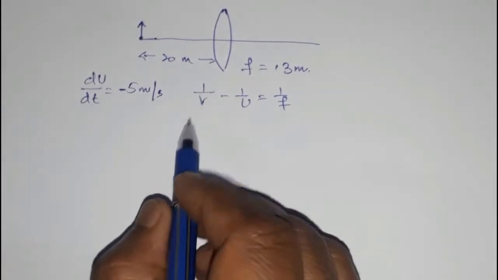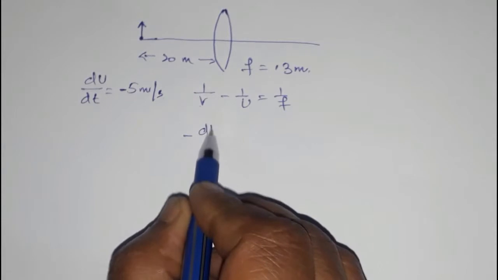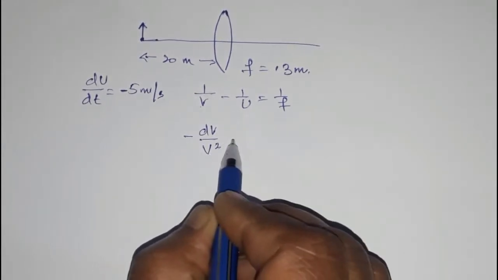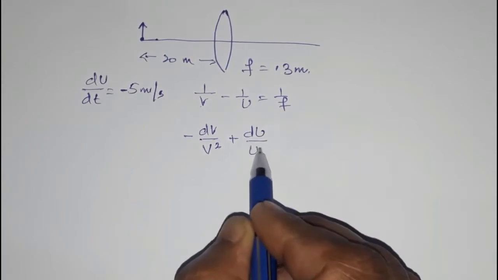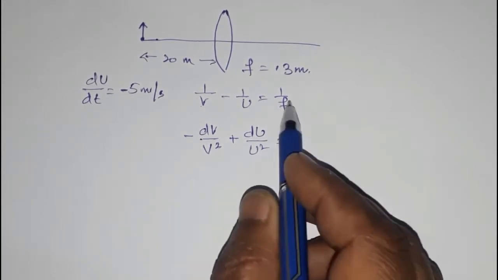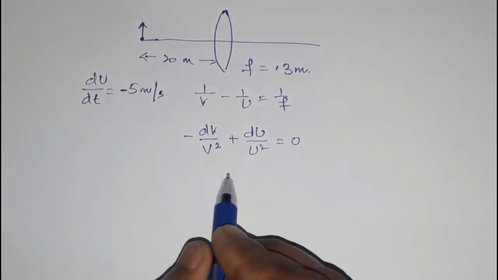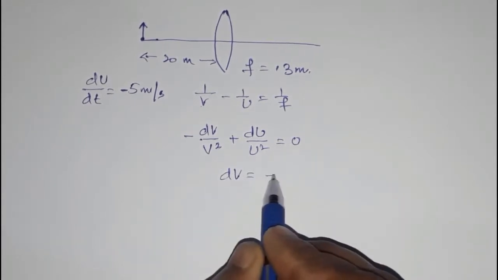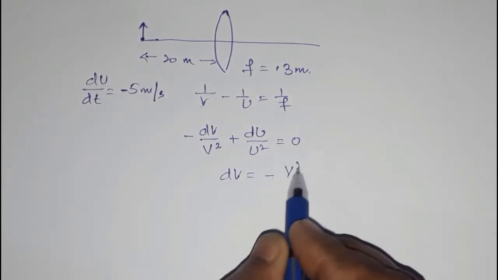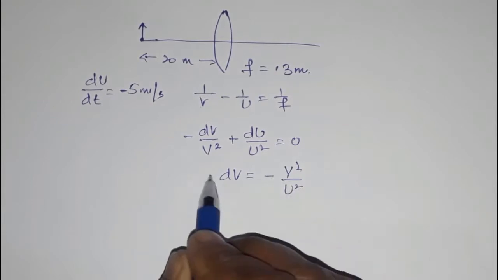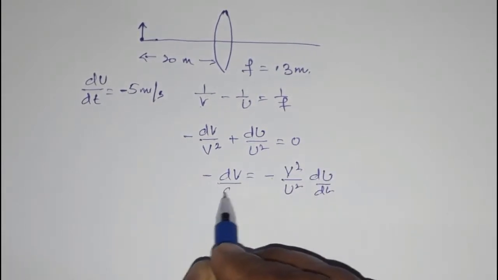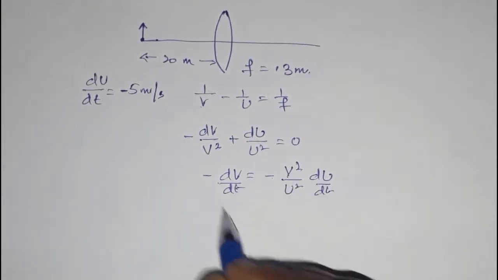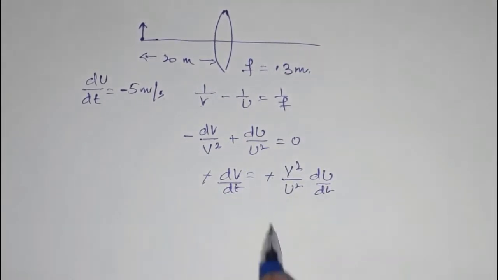From here we can find minus dv by v square plus du by u square equal to 0, since f is constant. So dv is equal to minus v square by u square du, that is, dv by dt equals minus v square by u square du by dt.